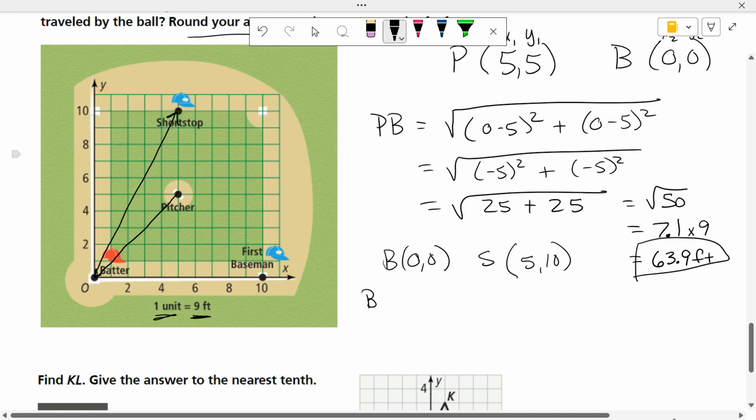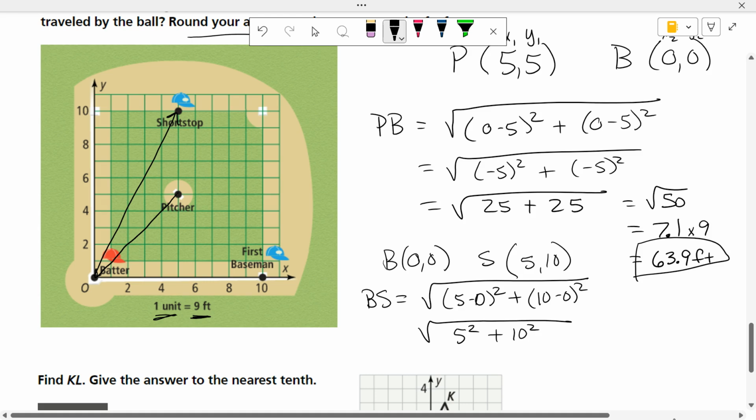Well, batter to the shortstop equals the square root of x2 minus x1 is 5 minus 0. y2 minus y1 is 10 minus 0. 5 minus 0 is 5. 10 minus 0 is 10.